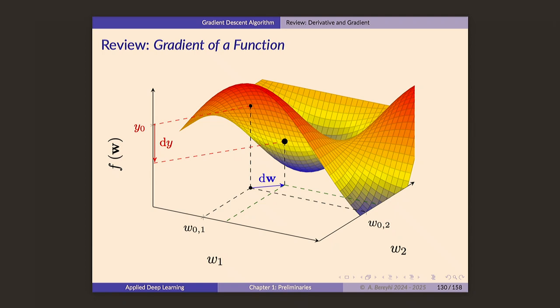Now, if you look at this change and you divide it by the change you have on W1, you're going to get the partial derivative with respect to W1. If again you look at this change and divide it by the change on your other axis, you're going to get your second partial derivative, right? And then if you have that vector of partial derivatives, which we call the gradient, what is the dimension of your gradient?